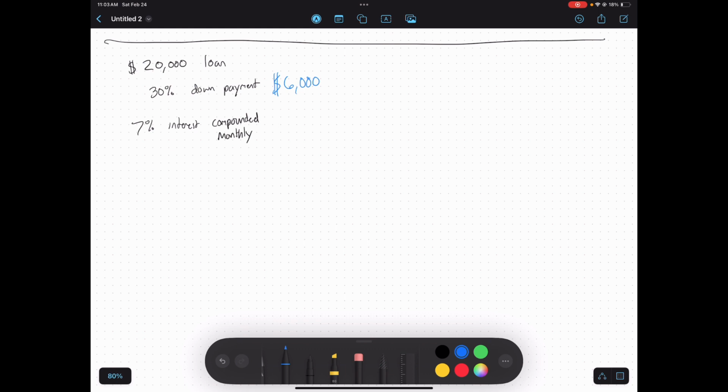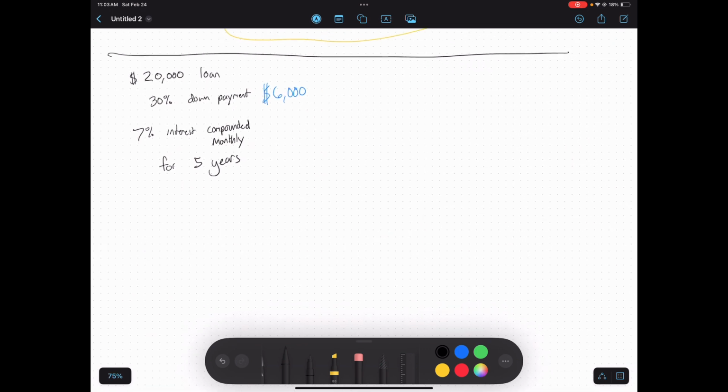So you only found 7% interest compounded monthly if you agreed to pay for 5 years. Okay, so that's what you're able to find your interest rate for, was for a 5-year loan. So we have a 5-year loan at 7% interest compounded monthly.